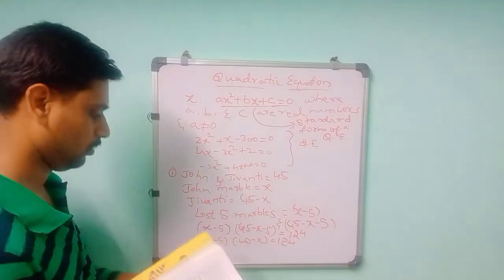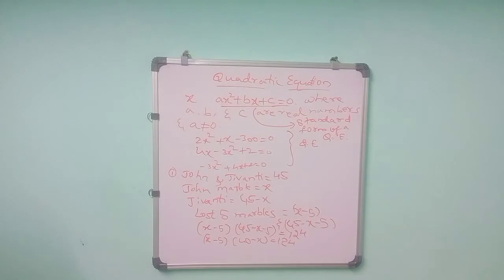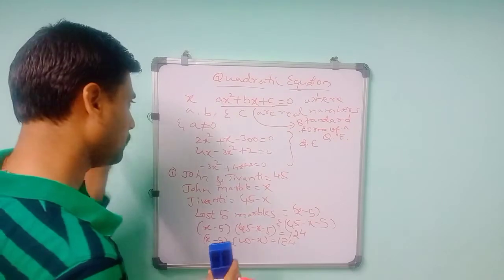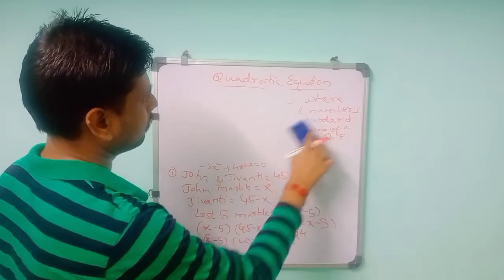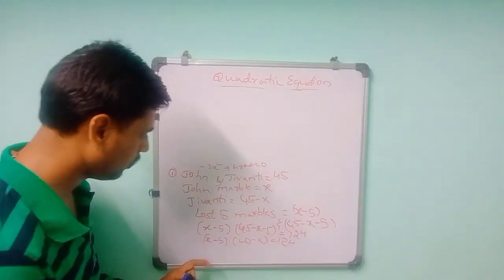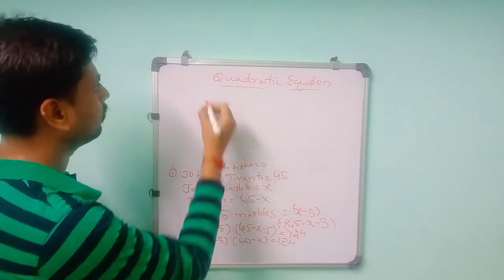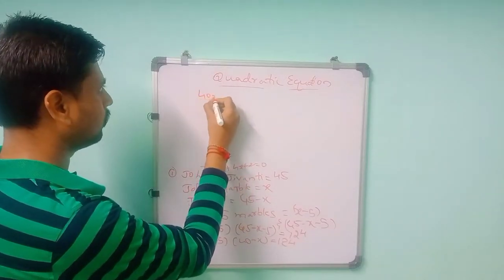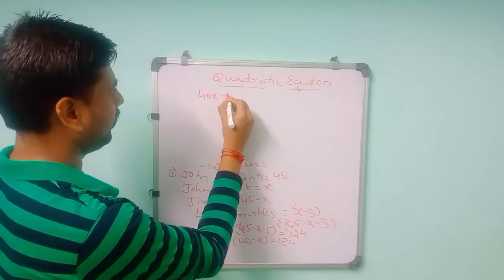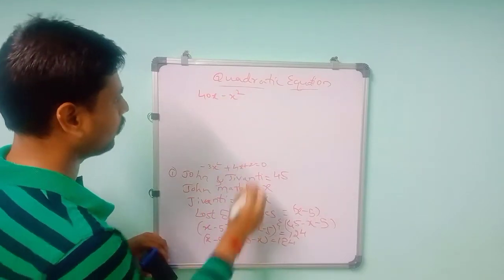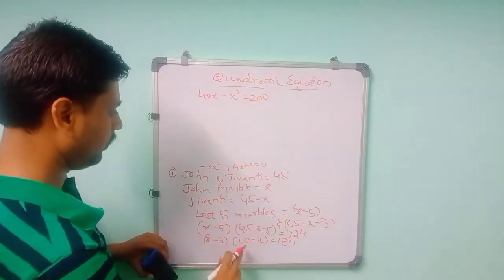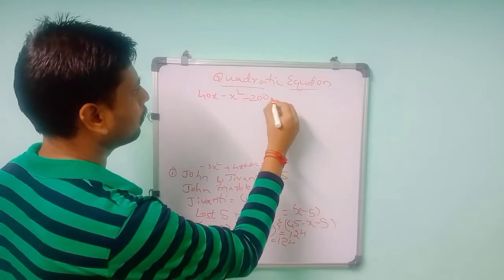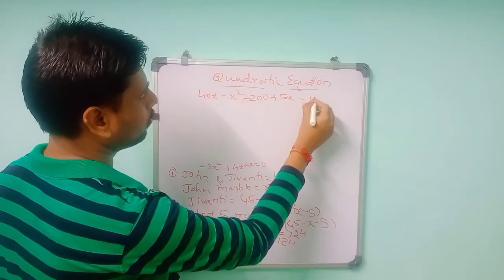If you simplify this, x into 40 is 40x, x into minus x is minus x square, then minus 5 into 40 is minus 200, then minus 5 into minus x is plus 5x, is equal to 124.